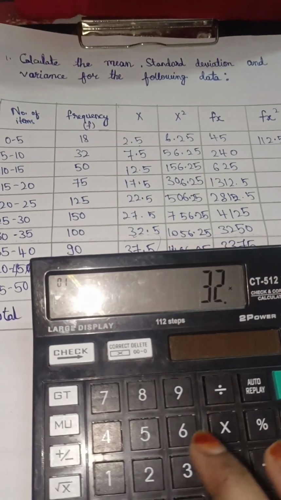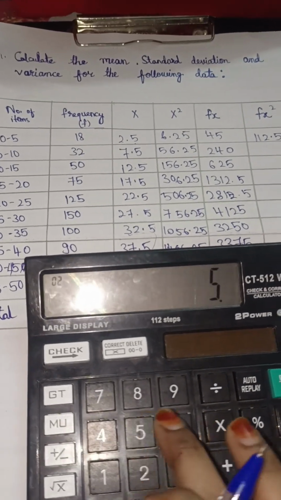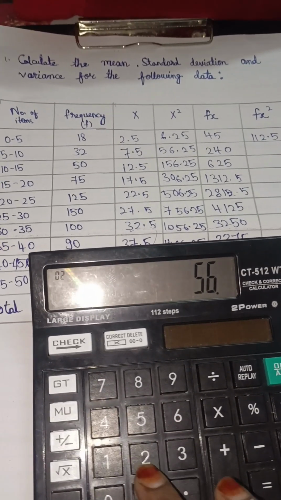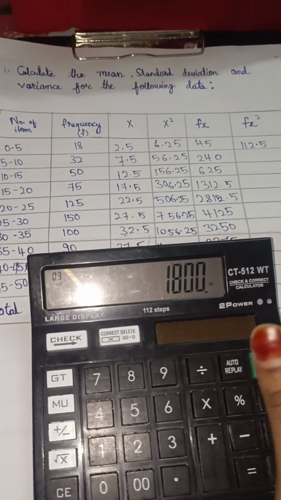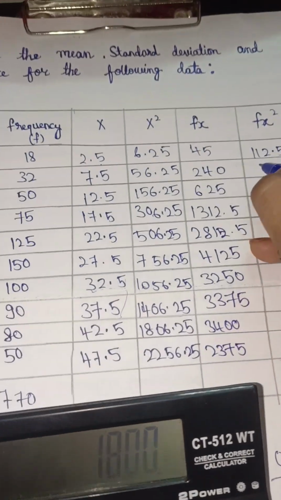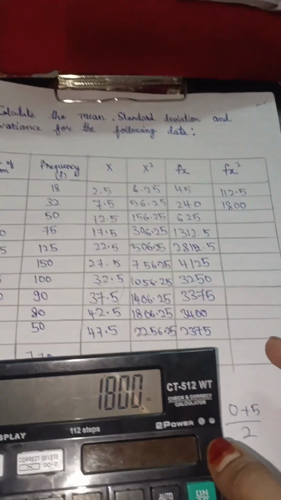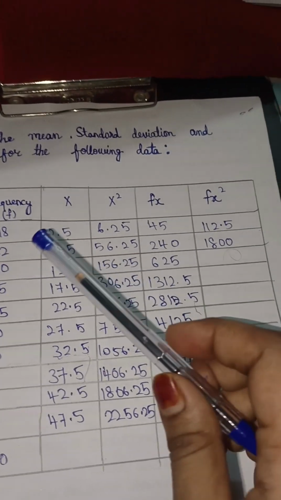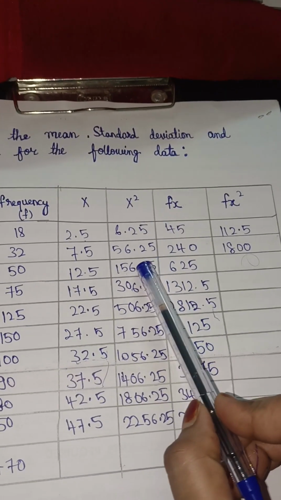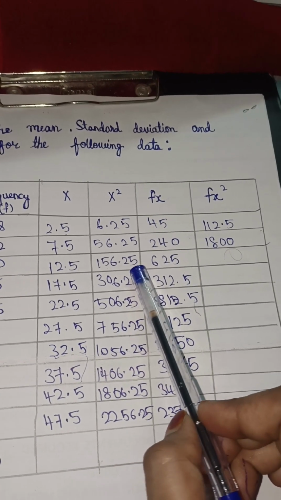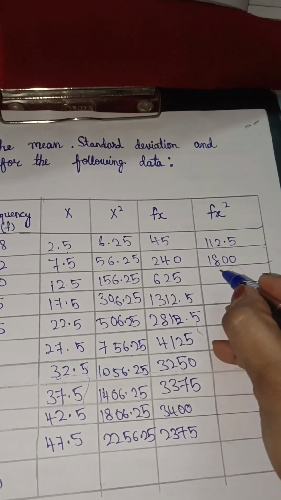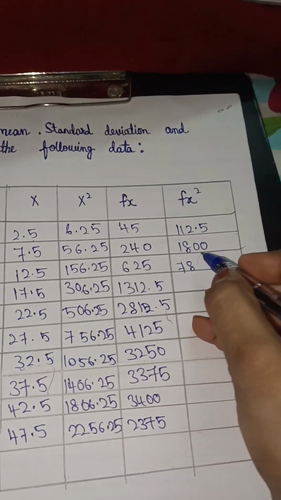32 into x square, which is 56.25. So 1800 will be the answer. So 50 into 156.25 will be 78,000.